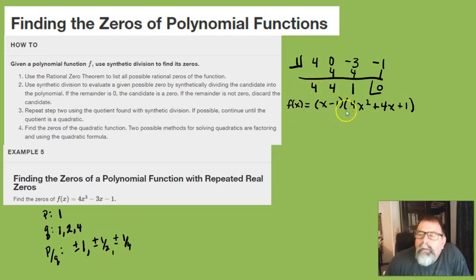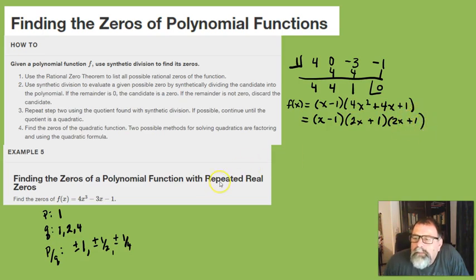But if this is a quadratic, I can just use the quadratic formula, or if I can factor it. Hopefully you recognize, oh, that's a perfect square, right? This is 2x plus 1 squared. If not, you got to do the factoring techniques that we learned in an earlier chapter.